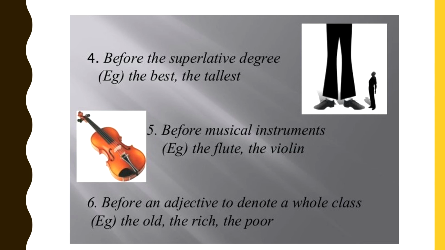Before an adjective to denote a whole class. Example, the old, the rich, the poor. When you're not talking about a particular person, but you are talking about a whole class, we use the article the when you're using that adjective to represent a whole class. Okay?